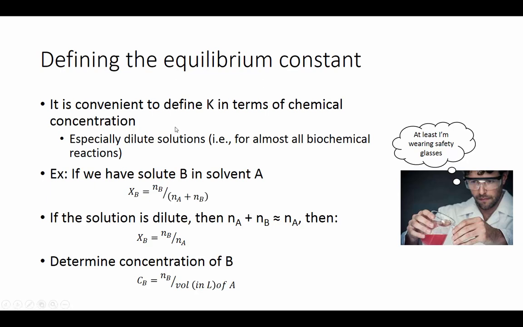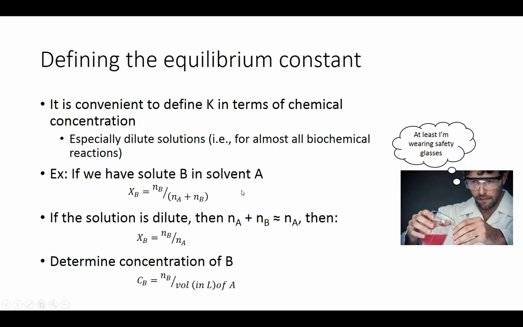So it's convenient, like we just did, to define our equilibrium constant in terms of chemical concentration, especially if we're talking about dilute solutions, because if water is in the mix, then the concentration of water is essentially 1. That X equals 1, like for almost all biochemical reactions.